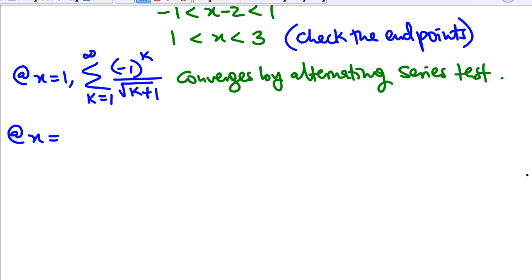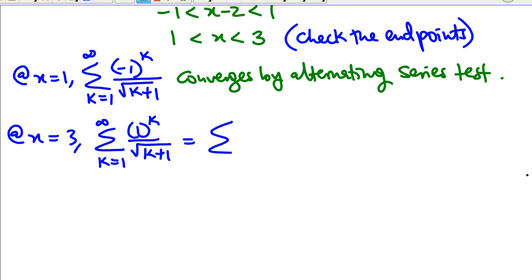At x equals 3, we have this series. If you plug 3 in place of x, you'll have 3 minus 2, which is 1. So our series will be just 1 to power k over square root of k plus 1, which is the same as 1 over square root of k plus 1. Now, we don't know whether this series converges or diverges.